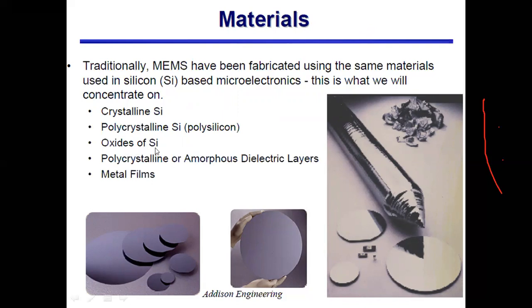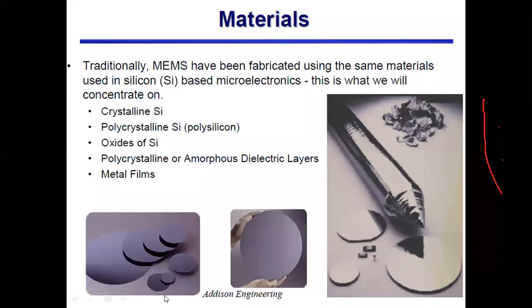We have oxides of silicon, polycrystalline or amorphous dielectric layers, and we have metal films. So these are the materials which are actually available for the manufacturing of MEMS processes.